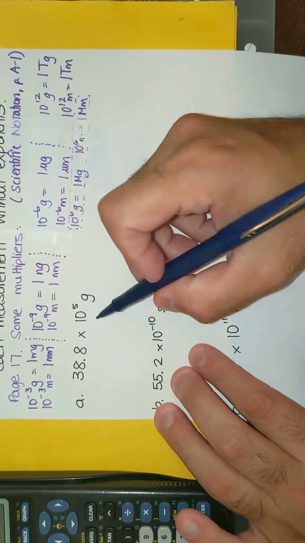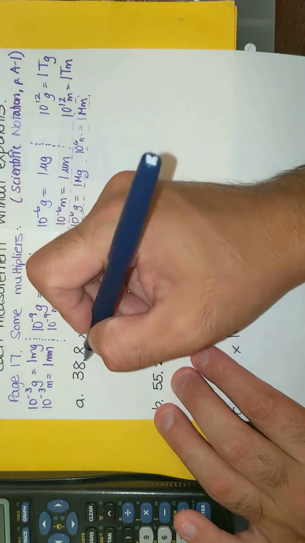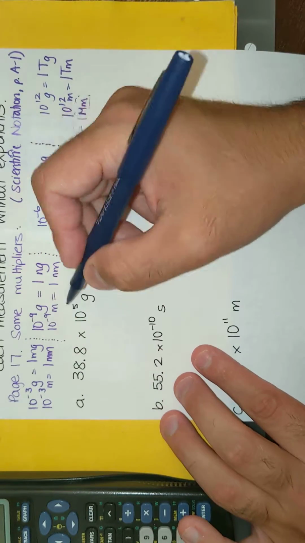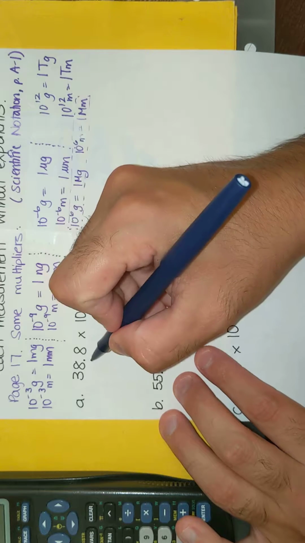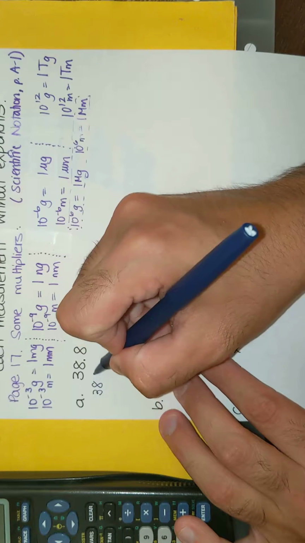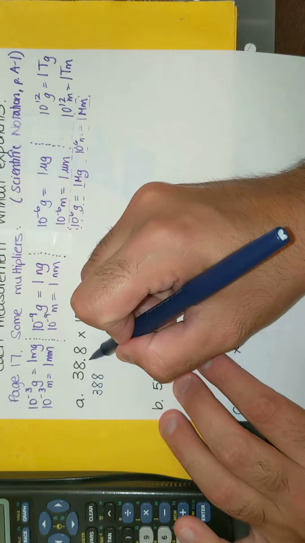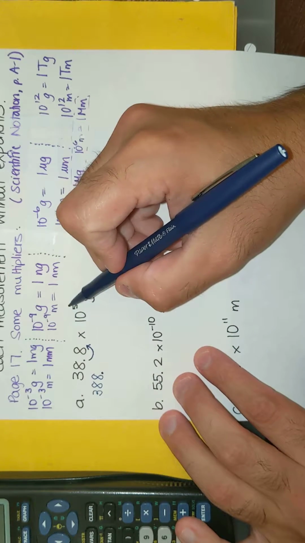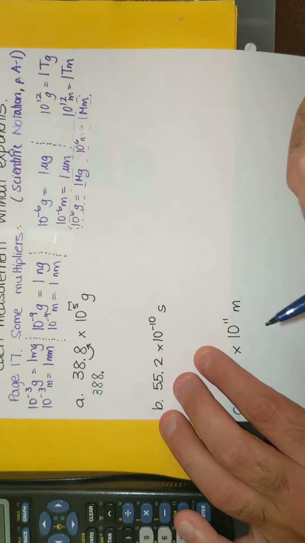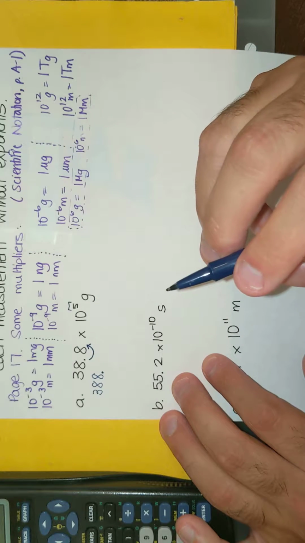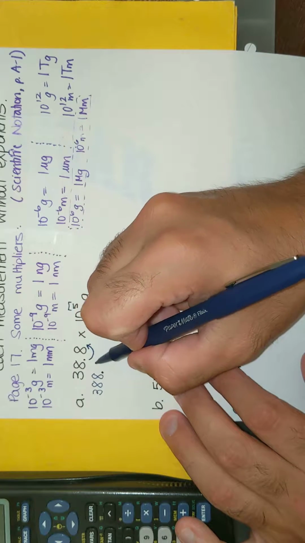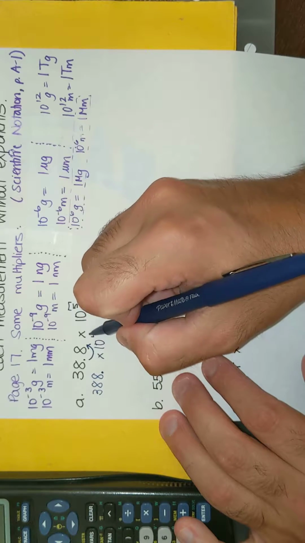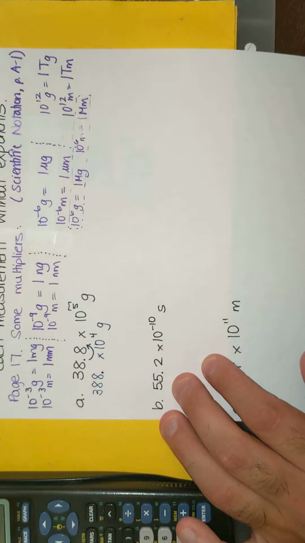So if I have 38.8 times 10 to the 5th gram, I could actually move the decimal point in different ways, and it'll change my exponent. If I move the decimal point to the right by 1, this makes the exponent go down by 1. So this could be 388 times 10 to the 4th gram.